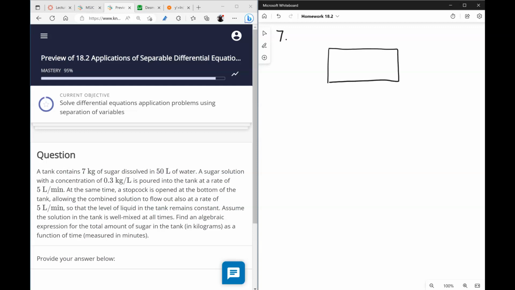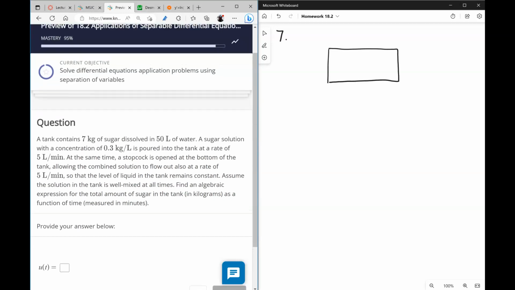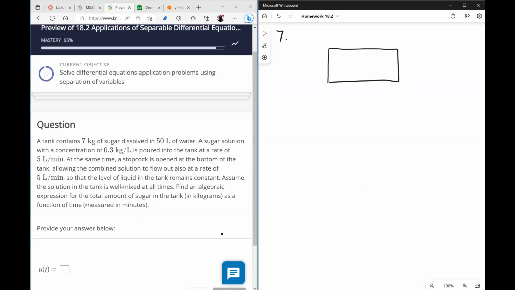Here we use U. U represents the amount of sugar at time t, and t is in minutes, and the amount of sugar is in kilograms. And the volume of the tank is 50 liters, and initially it has 7 kilograms of sugar.